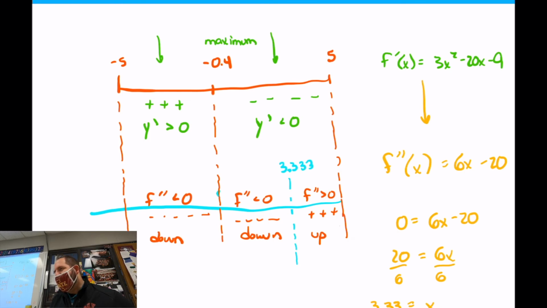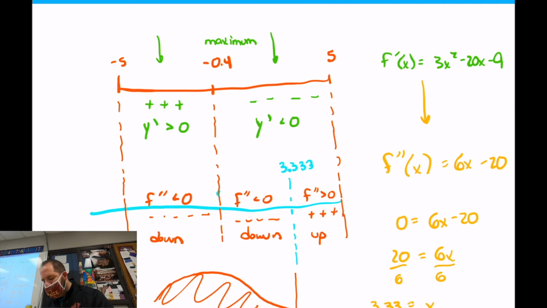So probably, if I'm looking at this logically, it's doing something like this. It did a hilltop, and then it probably flattened right after this point. It was concave down all the way over here, but then suddenly on this side it went concave up.